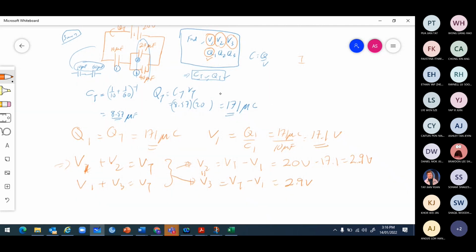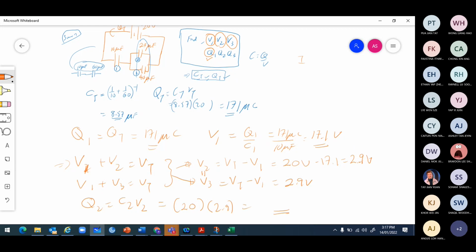Now we can work out Q2 and Q3. What is Q2? Q2 is C2 V2. Capacitance 2 is 20 microfarad, and the voltage V2 is 2.9 volt.